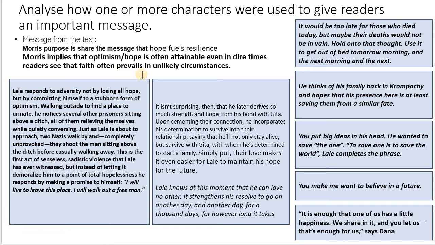Morris helps readers see that faith often prevails in unlikely circumstances. So again, I've gone for this whole idea that the characters are giving us hope, or the characters are giving us like positivity or optimism or something along those kind of lines. It's not uncommon to get questions about like hope or despair or dismay or ideas of innocence and guilt and things like that. So that's kind of how we tackle those sorts of questions.